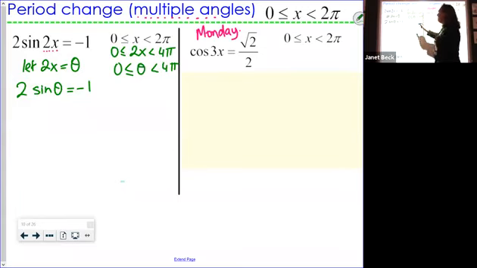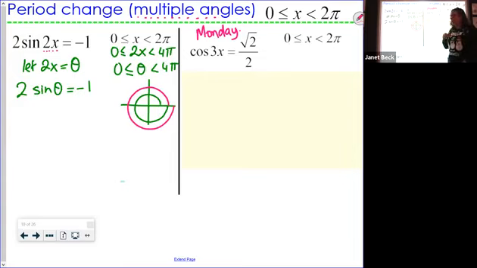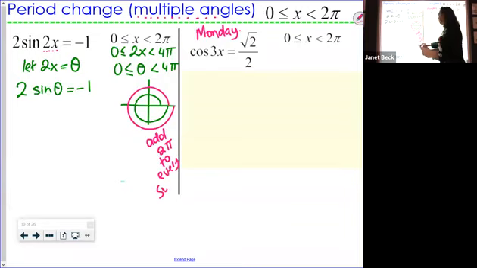When we're finding our answers for theta, we're not just going to go once around the circle. We're going to go once around, find some solutions, but then to each of those solutions, we're going to have to add on another rotation. We're going to have to add 2 pi to every solution. We're going to keep the first set and we're going to get a second set.